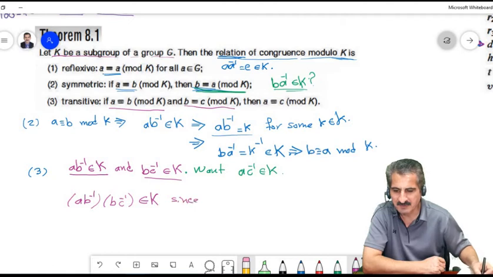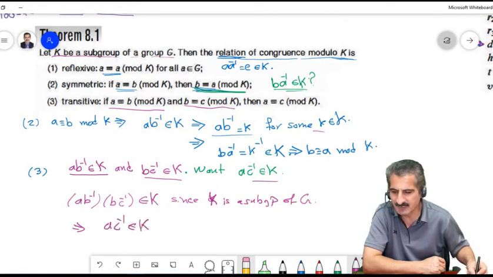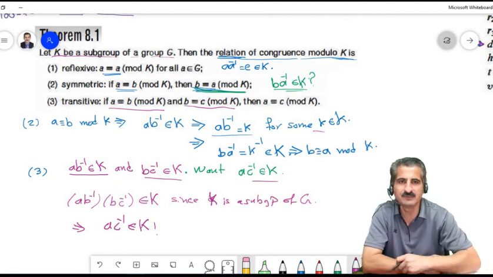Since I did not write that, I said K is a subgroup of G, and this statement should be written everywhere in here. Okay, and now multiply these two, use associativity, then we get A C inverse belongs to K, and this is what we want. So the theorem is proved.